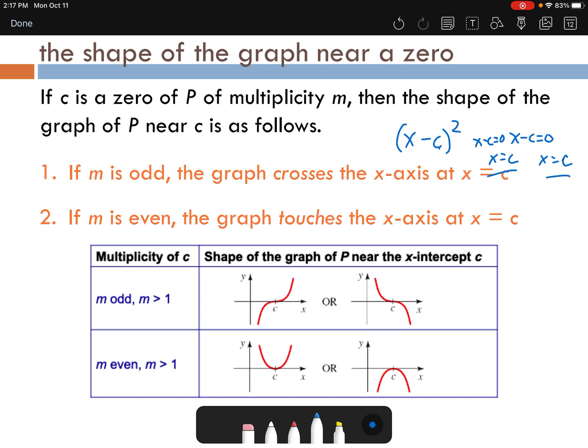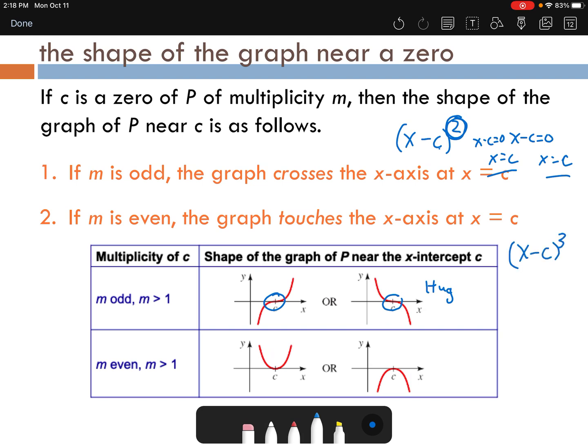So it's the same number twice. Ladies and gentlemen, when you have an even power, you're going to have multiple zeros, 2, 4, 6, etc., and the graph will hug the intercept. I call it hug. Okay, that's my interpretation, not a book's.